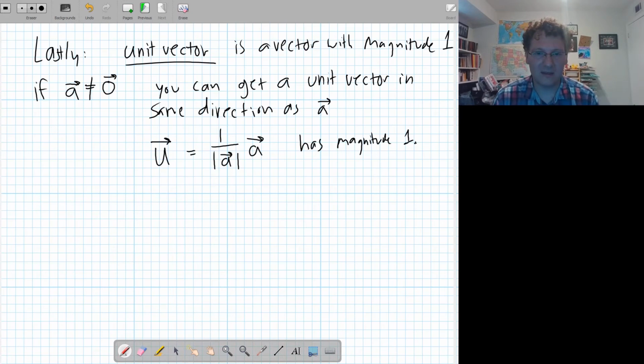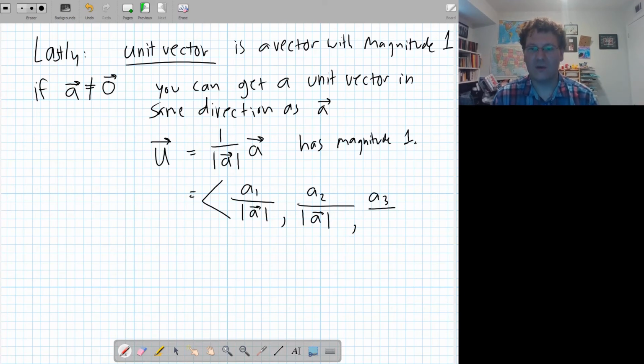What that means is this would be A1 over the magnitude of A, comma, A2 over the magnitude of A, A3 over the magnitude of A. So you divide each component by the magnitude of A.